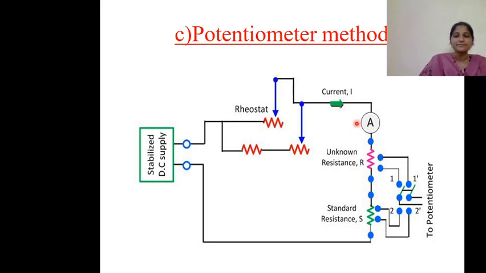So here initially, if you observe, a double pole double throw switch is there. That means in one throw it will go to the 1 dash position, and in the other throw it will go to the 2 dash position.